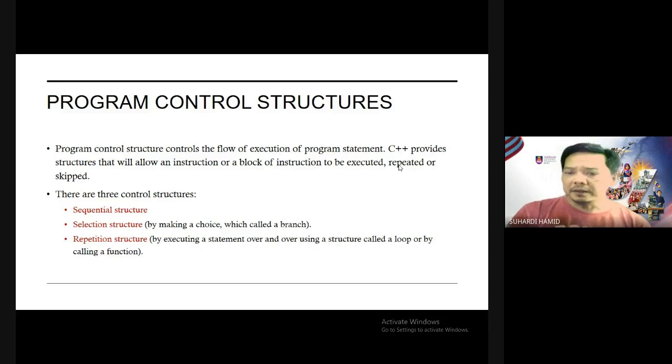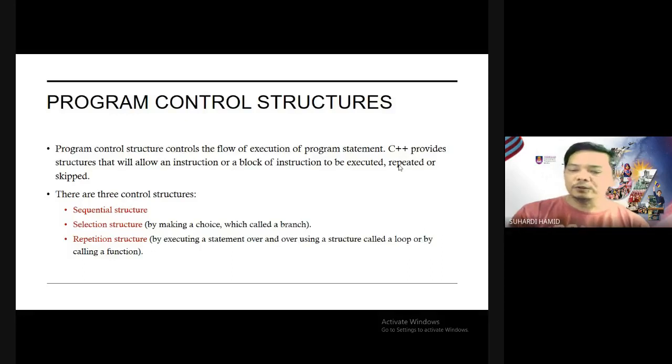So what are control structures? The program control structure controls the flow of execution of program statements. It provides structures that allow an instruction or a block of instructions to be executed, repeated, or skipped.